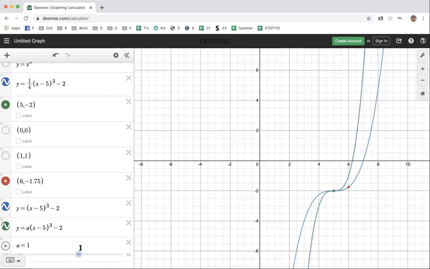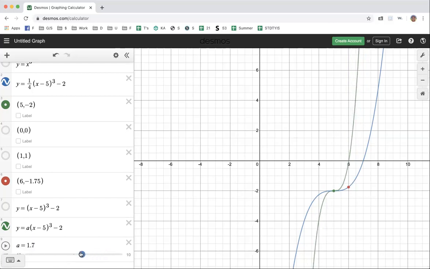Of course, this is Desmos, so we can also use a slider. And this is actually another great tool. You notice how, let me get this out of the way just so you can see, the bigger a gets, the steeper it is, basically, right?